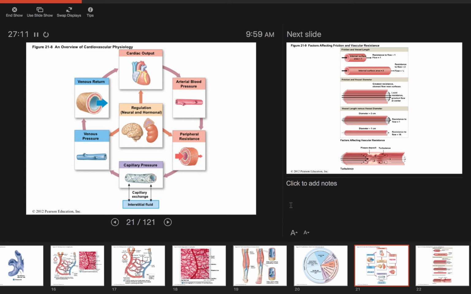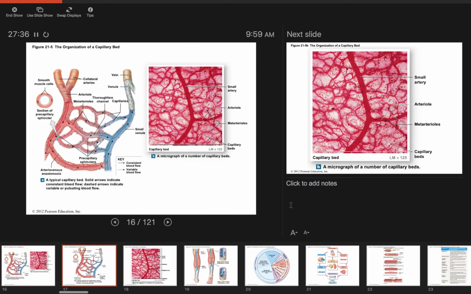Now, the diameter has even greater effect on resistance. If you take the diameter of a blood vessel and you decrease it by 1/2, you're going to increase the resistance up to like 16 or 17 times. Right? So when is that going to be an issue?